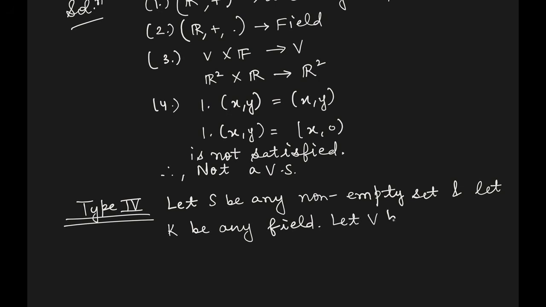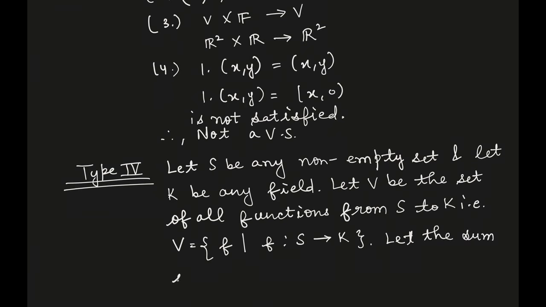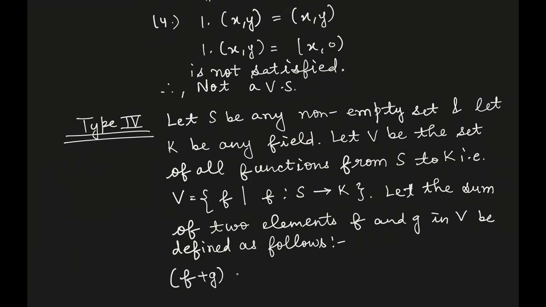Let V be the set of all functions from S to K, that is, V is equal to the set of functions f such that f is a mapping from S to K. Let the sum of two elements f and g in V be defined as follows: (f plus g)(x) is equal to f(x) plus g(x) for all x belonging to S.